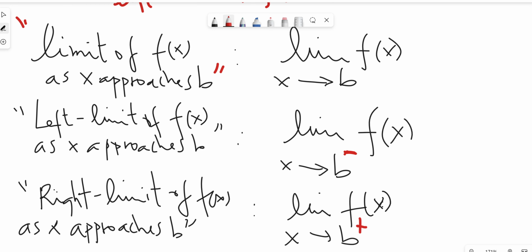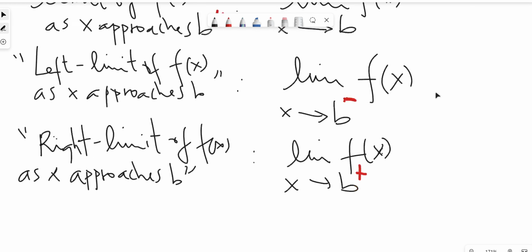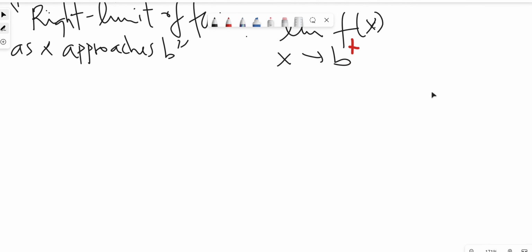Now that we're okay on the notation, let's go over the definition of what the limit is. We know at this point it's about figuring out the behavior of that function f of x within the neighborhood of number b, this fixed value b.